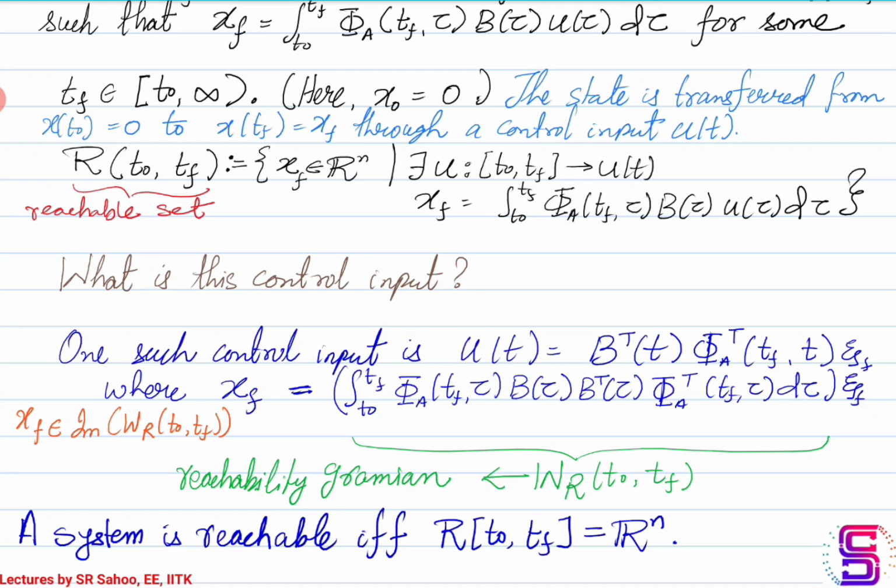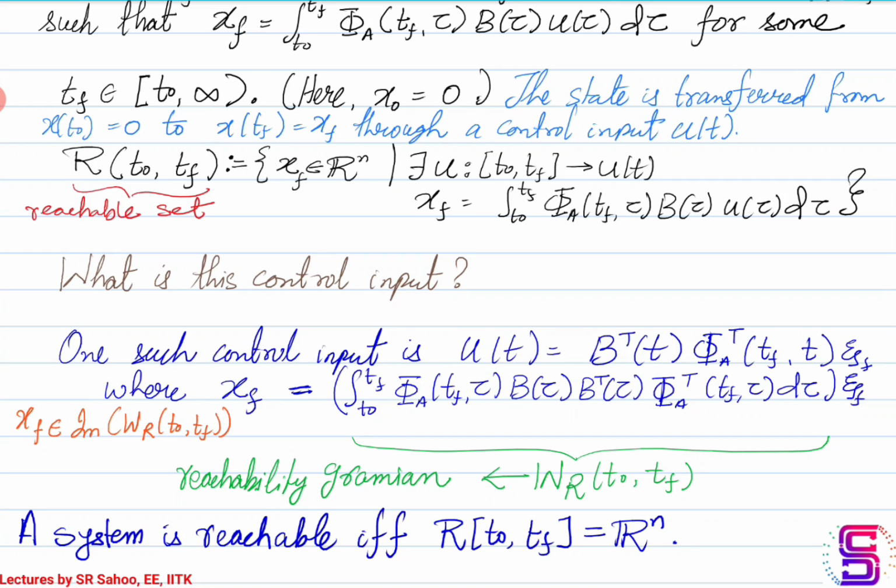Everything inside this bracket that you see is known as the reachability Gramian, and is denoted by WR(t0, tf). The subscript R indicates that it is the reachability Gramian, and t0, tf denotes the interval over which it has been evaluated.